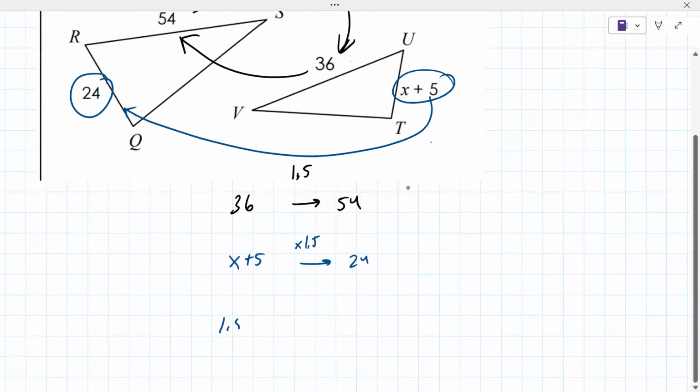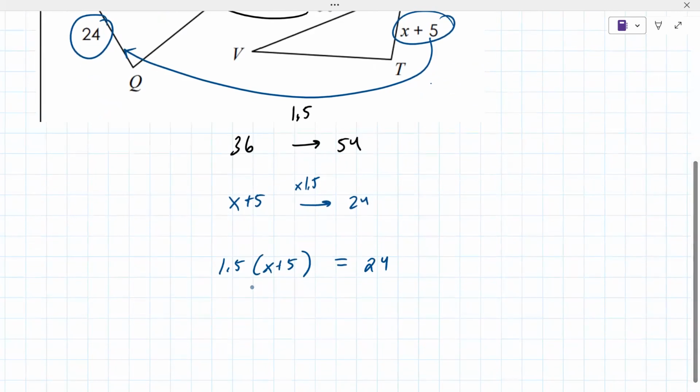So the way this works from a practical standpoint, from an algebraic standpoint, is you're taking 1.5 times x plus 5 to get to 24. You just have to solve this equation, which is easier said than done. Whenever you divide by decimals, it gets a little dicey. I think you're allowed to use a calculator.